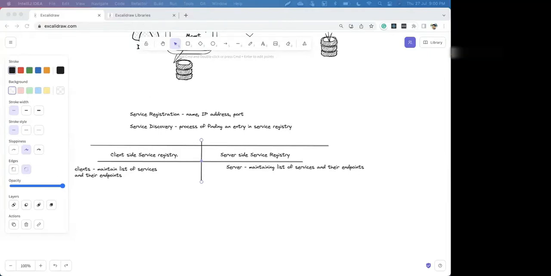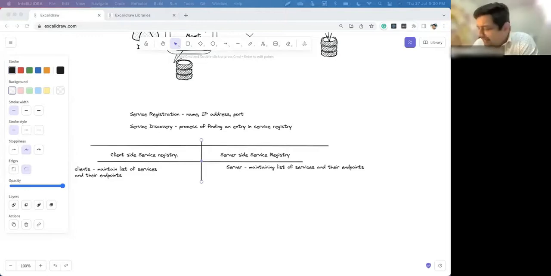Basically, you just have to think of it like a telephone directory. You have so many services, and it will be very difficult for each of the individual services to remember their addresses.